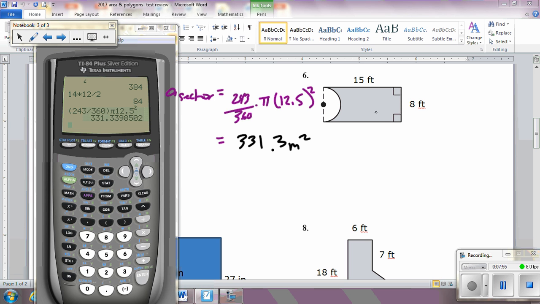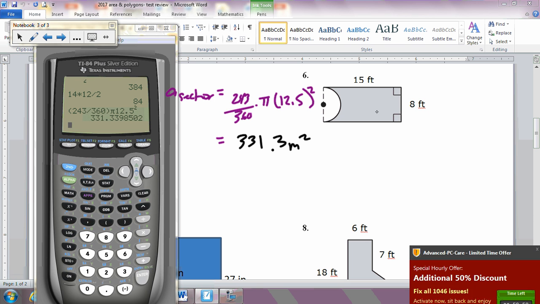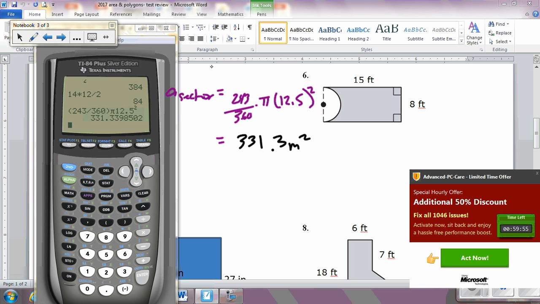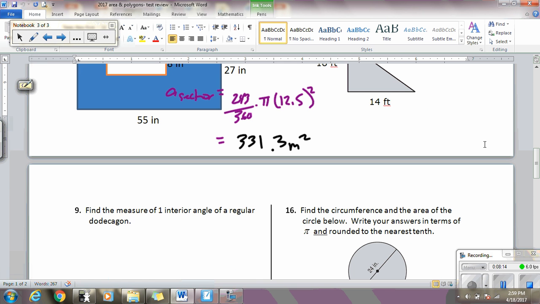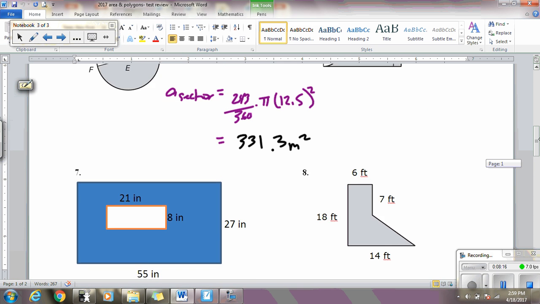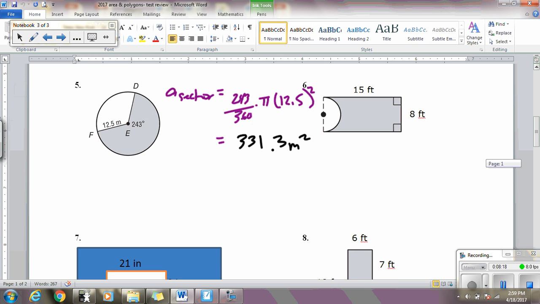For number 6, we have a shaded portion that is mostly covered by a rectangle. And then we have a half circle also included on this figure. So to find the area of the region I need, which is the shaded part, I'm going to find the area of the rectangle and subtract the area of the half circle.